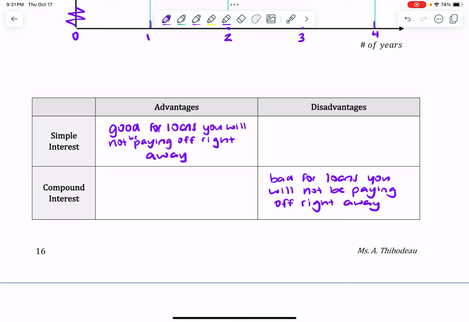So essentially, one type of interest's advantage is the other type of interest's disadvantage. When we're talking about compound interest, which is pretty much good for most other cases, we just saw it's really good for investments, right? We looked at that 40 years on Desmos.